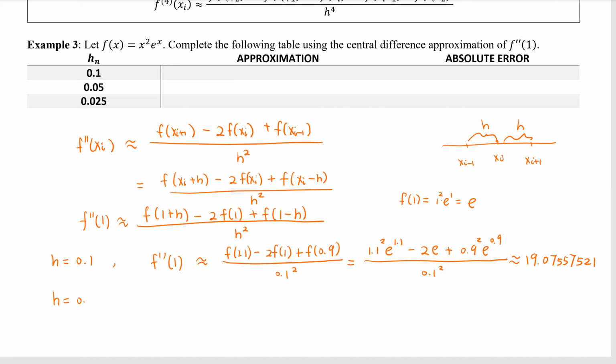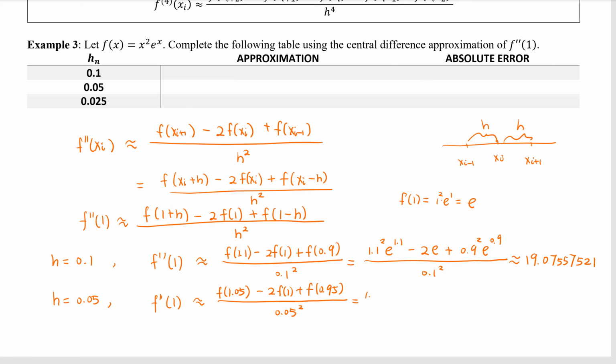Okay, how about when h equals 0.05? Well then, what's gonna change? Well, this is 1.05. This is still f of 1. This is f of 0.95. The bottom is 0.05 squared.